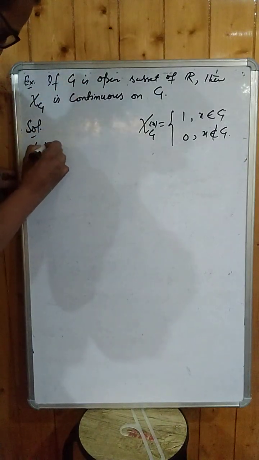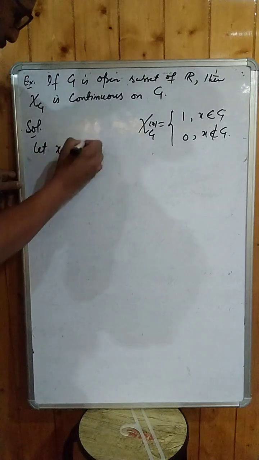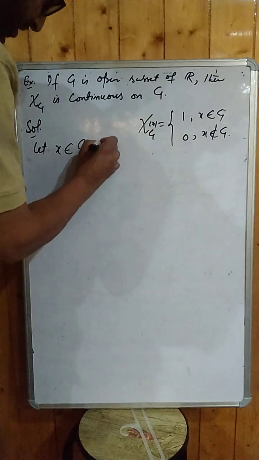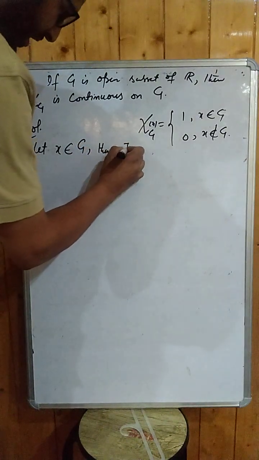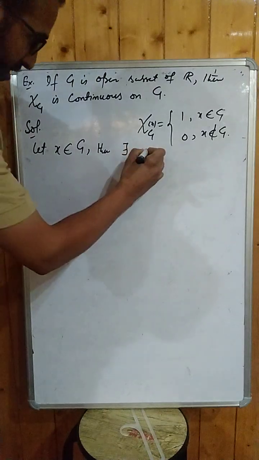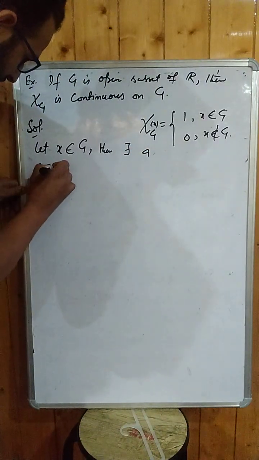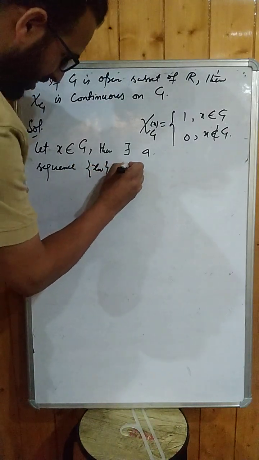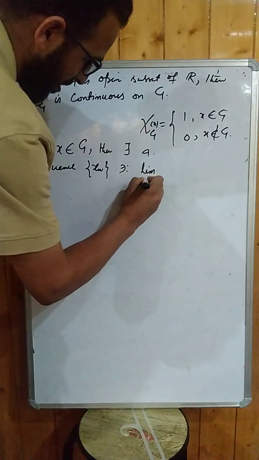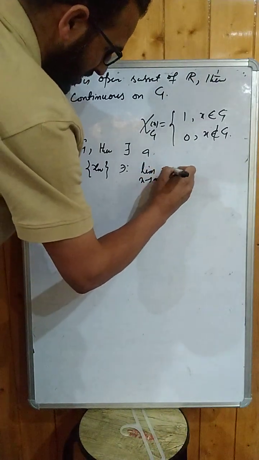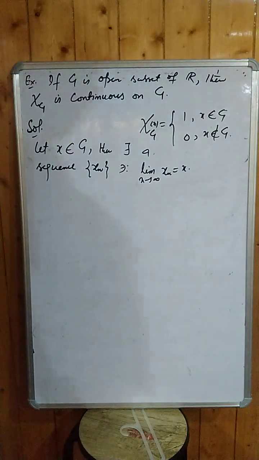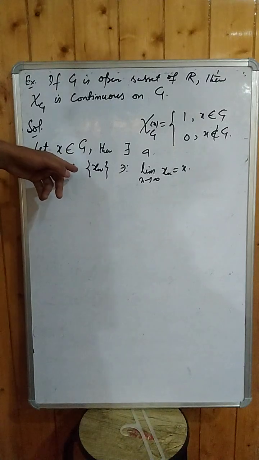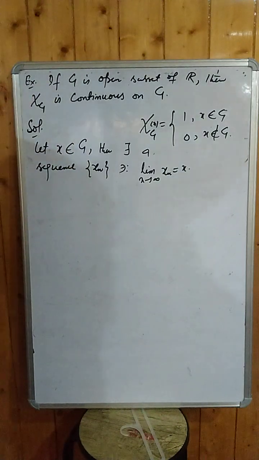Let x belong to this open set G. Since G is open, there exists a sequence xn such that the limit as n approaches infinity of xn is equal to x. That means I have taken this point such that there exists a corresponding sequence which converges to that point.